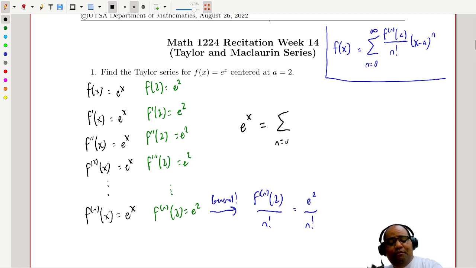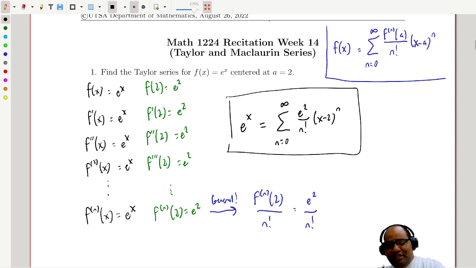The infinite sum from n equals 0 to infinity of our Taylor coefficients, e squared over n factorial, and then we expand around x minus 2, so we have x minus 2 to the nth power. And that's your Taylor expansion. That is all you need to do.